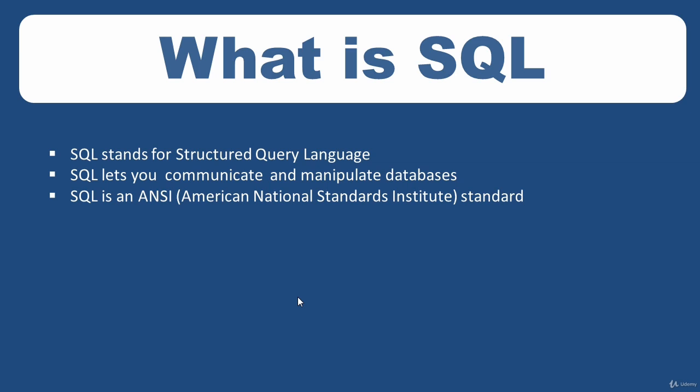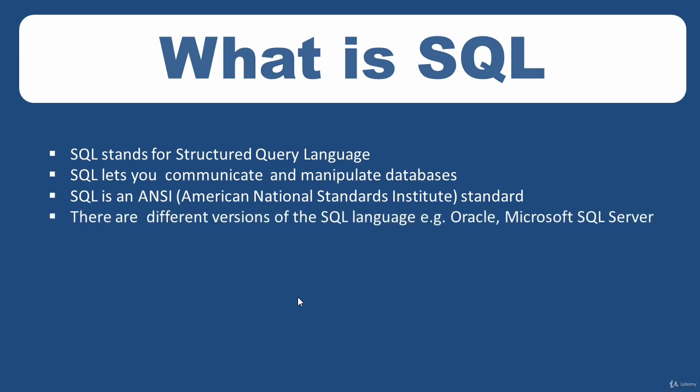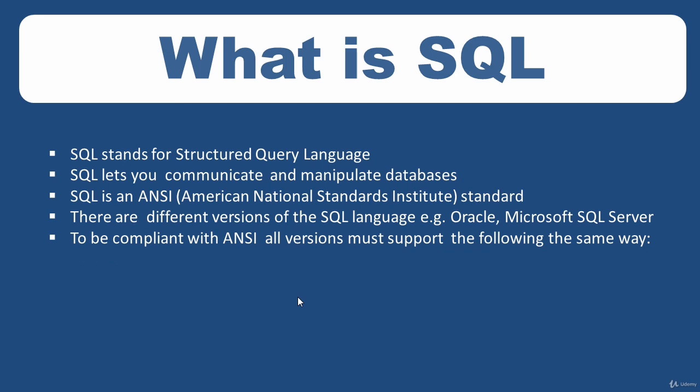However, to be compliant with the American National Standards Institute, all flavors of the SQL language must support certain key elements the same way. For example, they must support things like select, update, delete, insert, and where. These are all keywords in the SQL language.